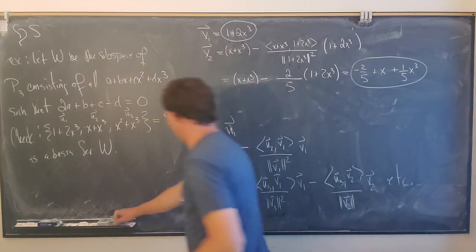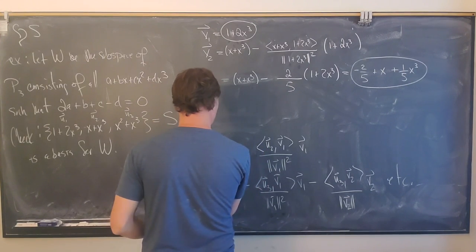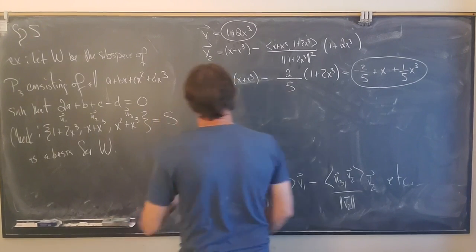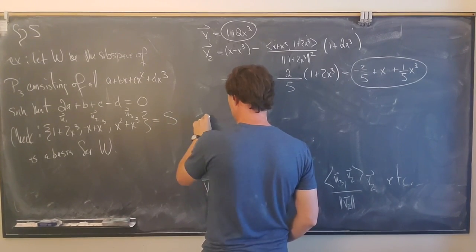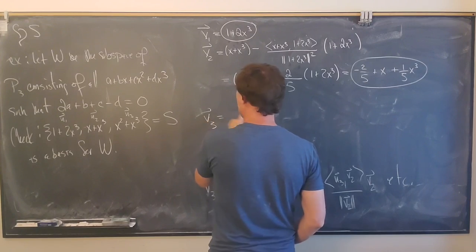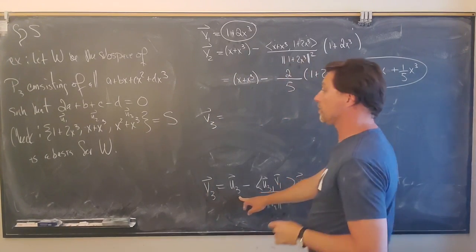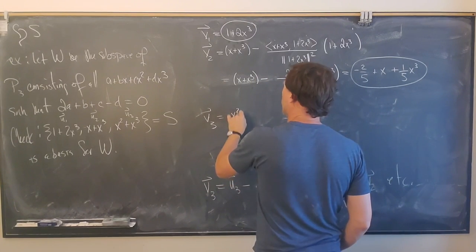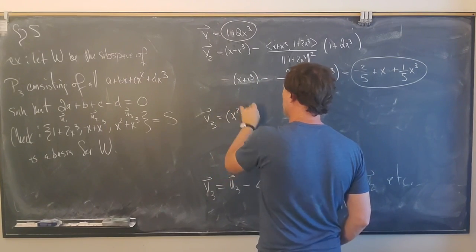All right, now, let's leave that formula up here. Let's find v sub 3. So v sub 3 is going to be u sub 3, that's x squared plus x cubed.